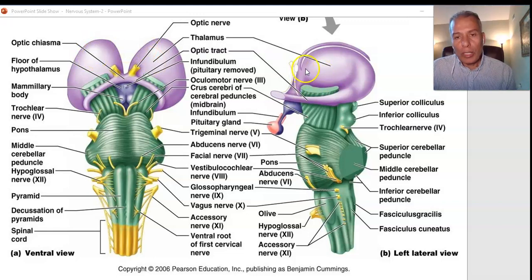And from the thalamic nuclei, you have that structure coming down that is known as the hypothalamus. It goes from here to here, and it has a little extension that is the pituitary gland. The pituitary gland itself doesn't do much. It's only a pouch, a gland to save hormones that are produced by the thalamus.